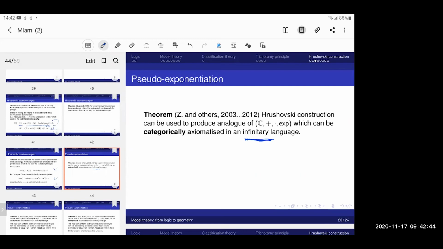And of course, a very important thing is that you not only have this analog of this structure, but it is also axiomatized by concrete axioms, which are a product of this Hrushovski construction.